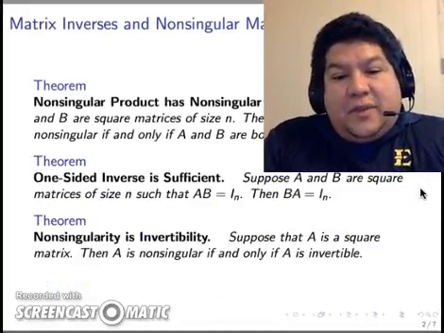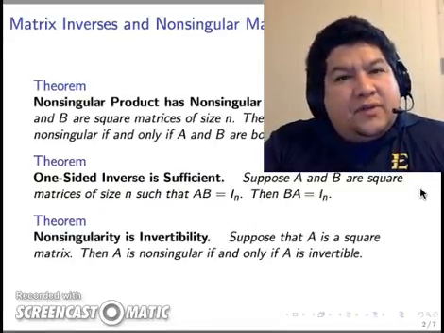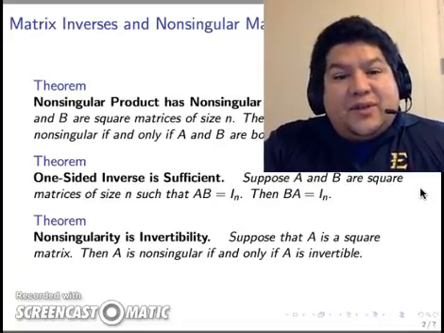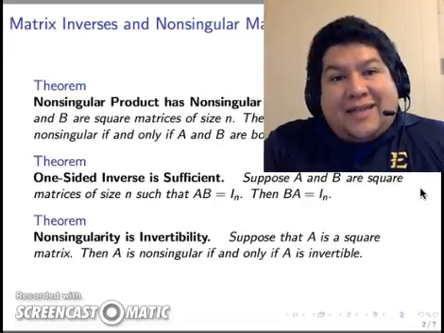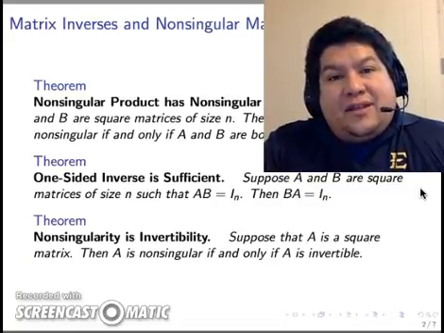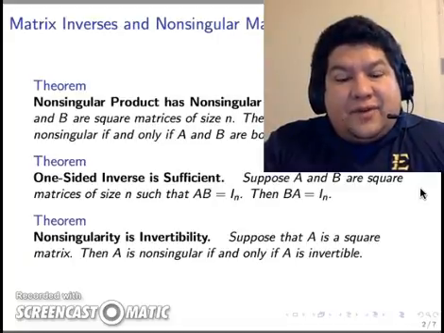Now, invertibility and non-singularity. Remember the definition of a singular matrix has to do with the null space of a matrix being a space that contains only the trivial vector, the vector of zeros. If a matrix has that type of null space, it's considered non-singular, but there's also a connection with the non-singular matrix having an inverse.